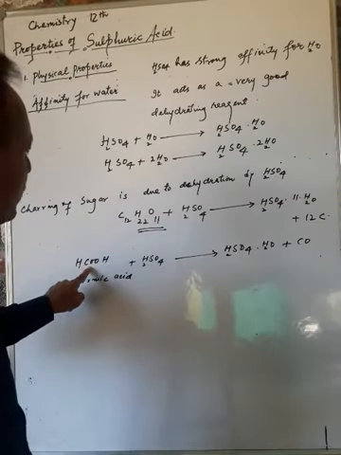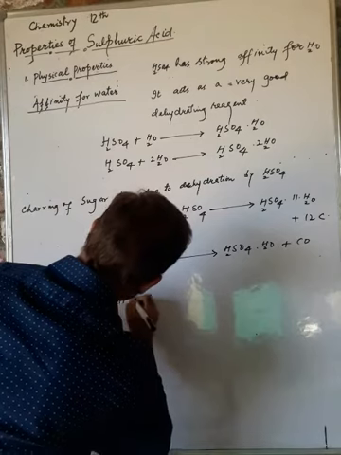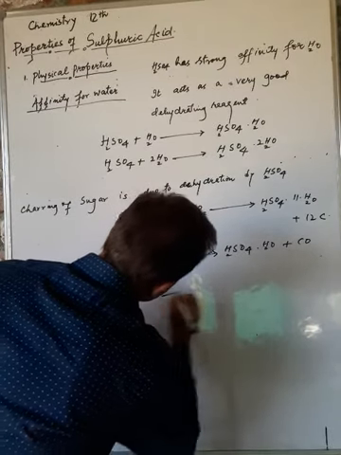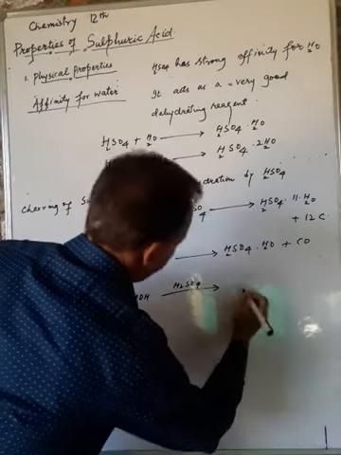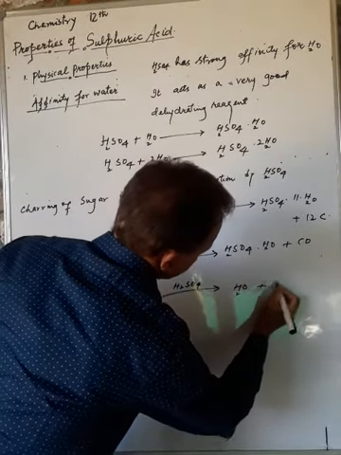We can show this reaction like this: HCOOH with H2SO4 forms H2O plus carbon monoxide.